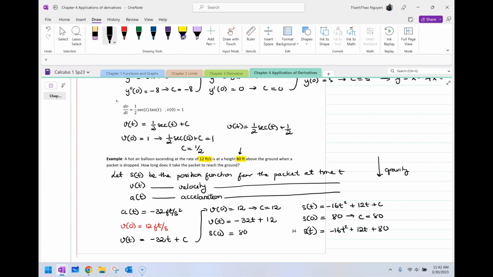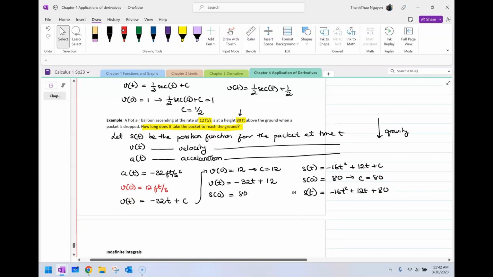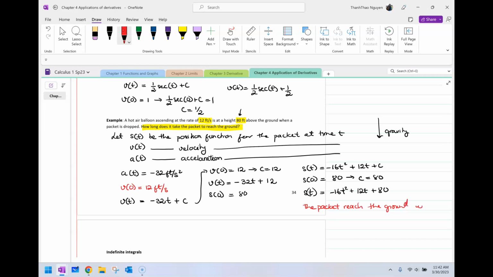Now the question asks, how long does it take for the packet to reach the ground? Well, we can solve this function. The packet reaches the ground when s of t is equal to 0.